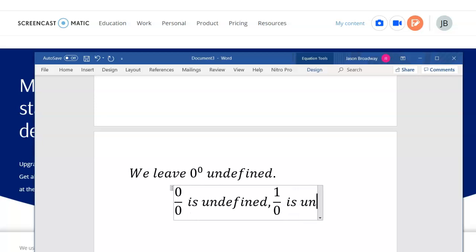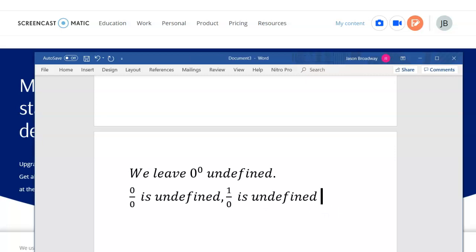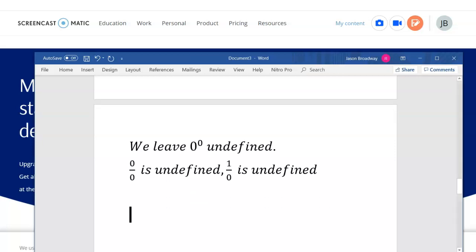We can't use infinity or something, so that's undefined. We leave all that undefined. All these things are undefined. We don't want to mess with them. So these are the bad things, right? Anything over 0 is undefined. We don't want to ever put 0 on the bottom. And we don't want 0 to the 0 because it's vague. We don't like it either.